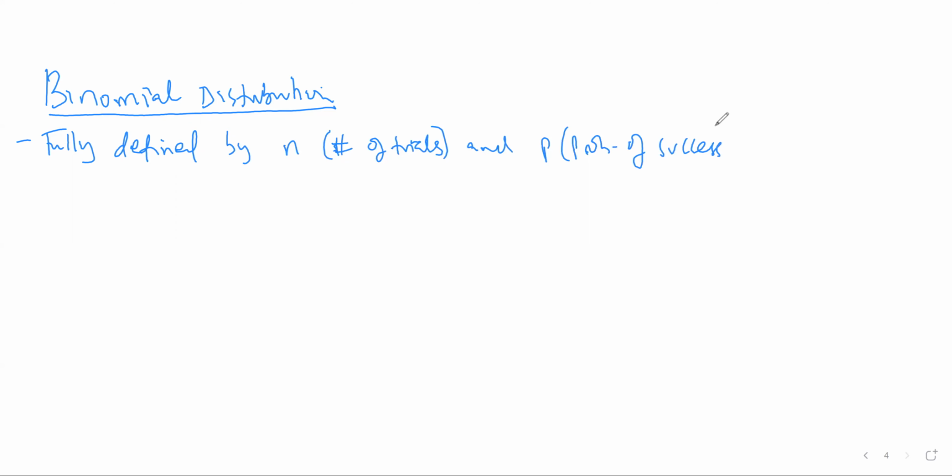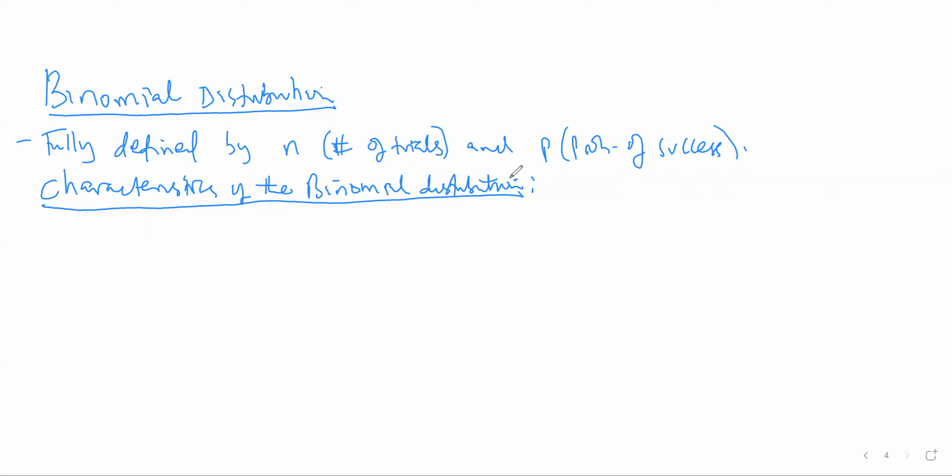In other words, for you to solve a problem in the binomial distribution, you must have those two, n and p. And here are the characteristics of the binomial distribution. This is what we check to know that we are dealing with this particular distribution and not any other.